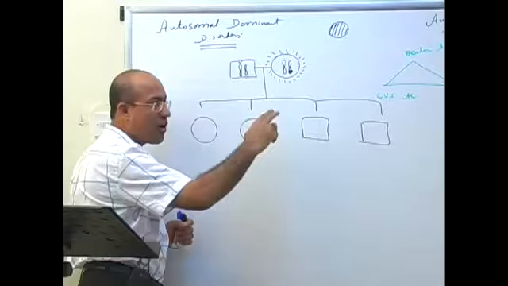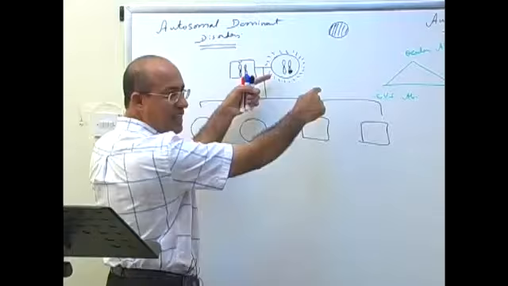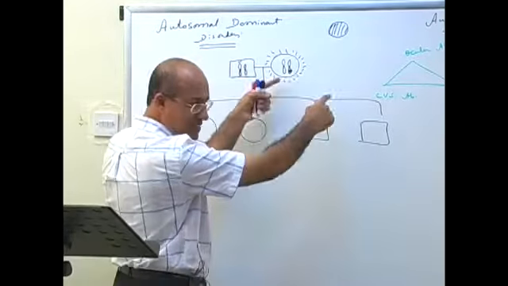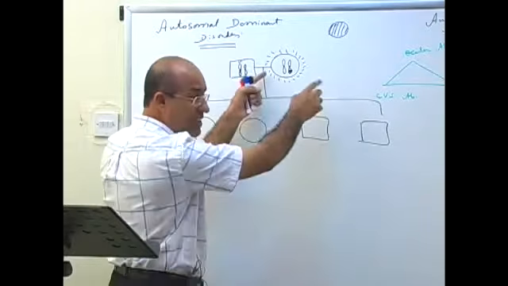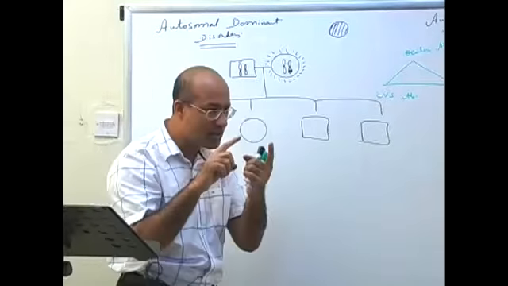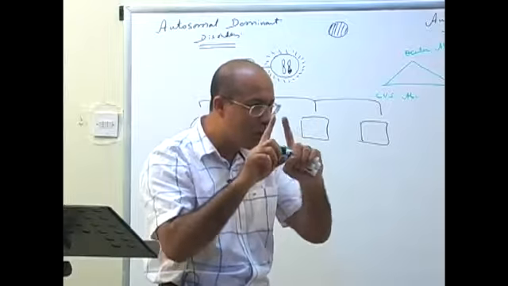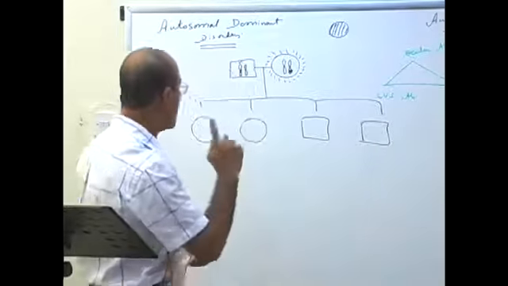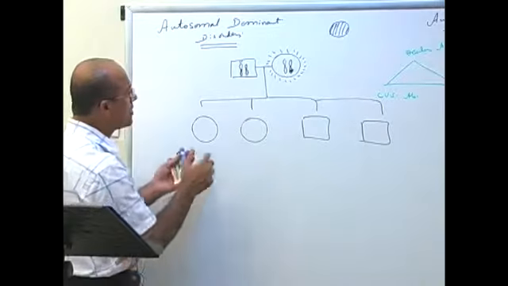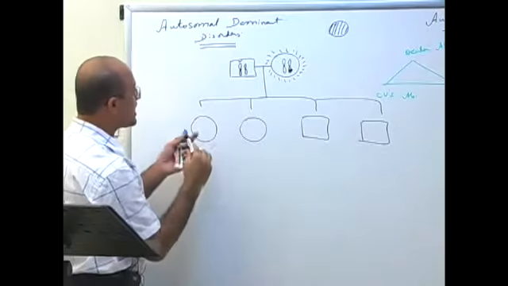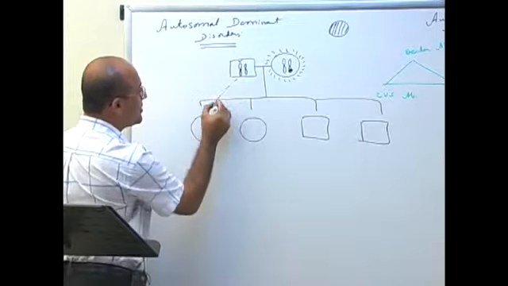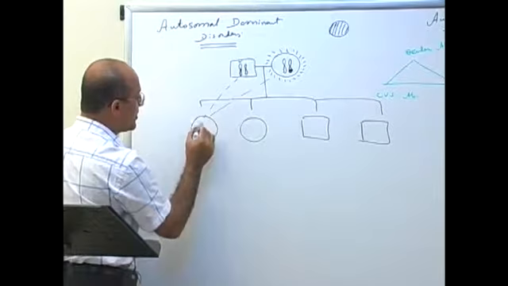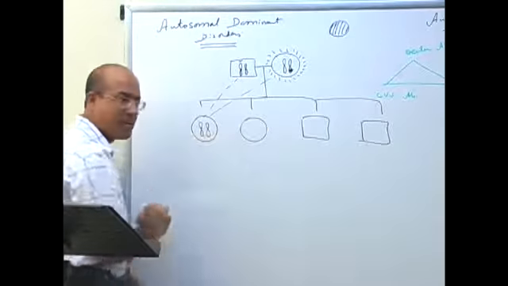This is which law? This is the law of segregation. During gametogenesis, homologous chromosomes segregate independently. Is that right? Now, let's suppose we cross these. Now what happens? This chromosome crosses with this. So she has both what?